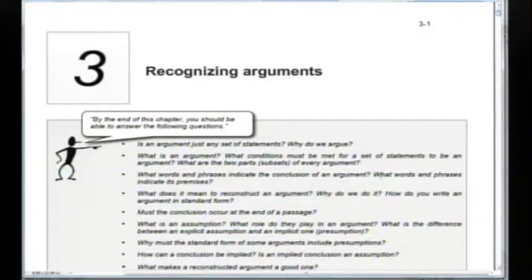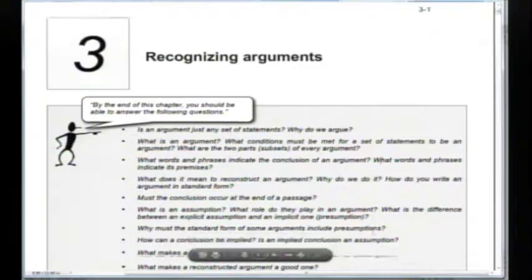One of your jobs for me, in terms of your presentation, is to identify the main claims and the main reasons that are being given by whoever it is you're doing your presentation on, to raise questions in terms of the evaluation of the argument or the reasonableness of what's being claimed or what's being assumed as a part of your presentation. So it's important that you be able to recognize arguments when you encounter them.